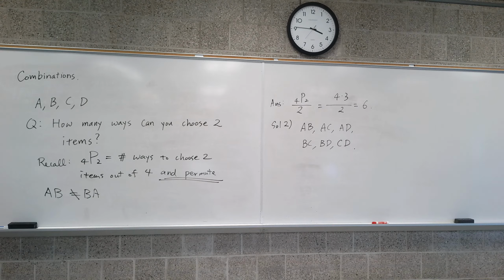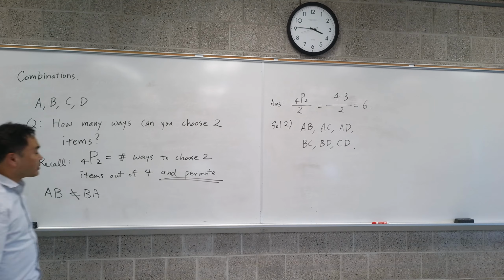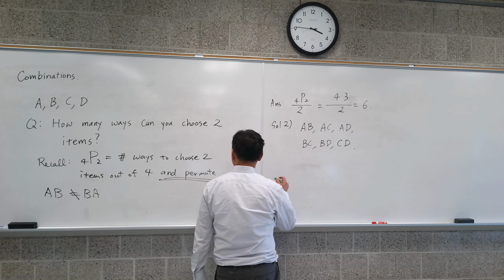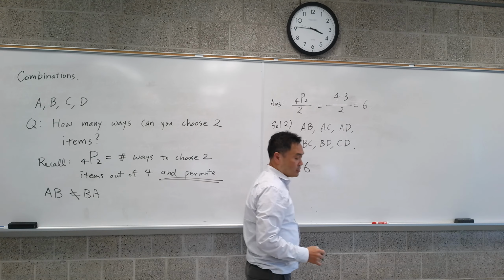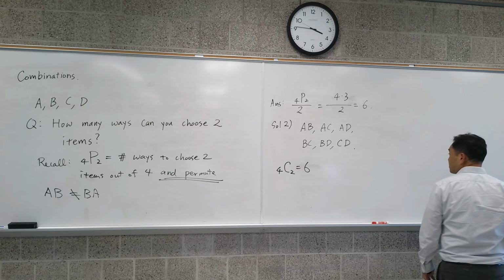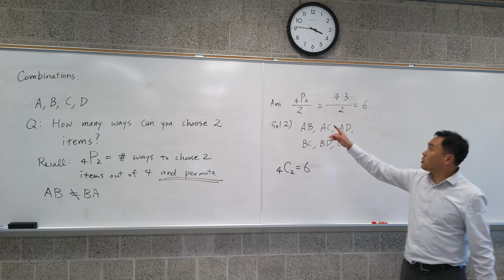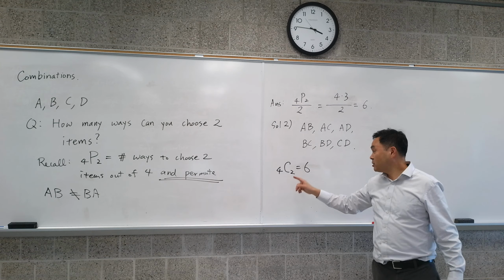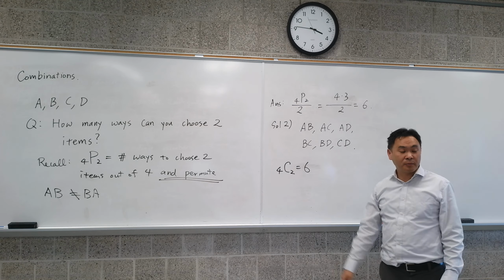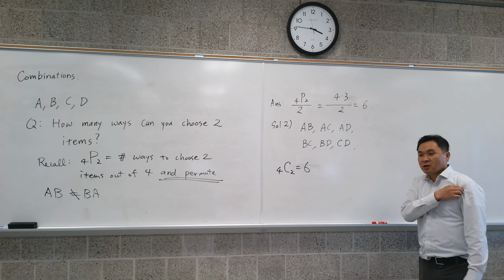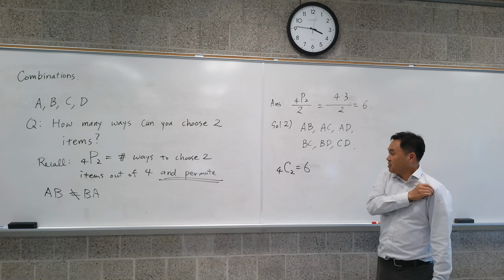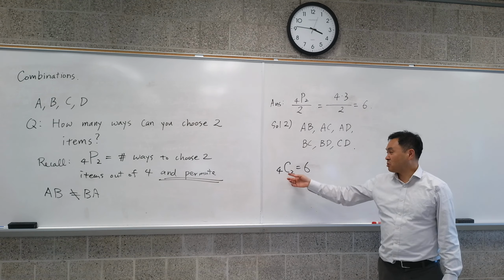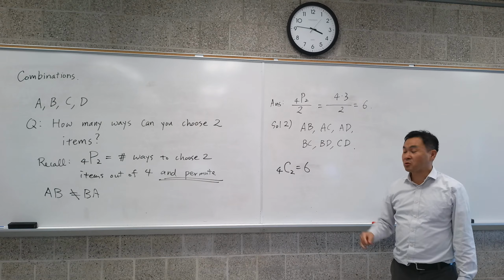All right. So in either case, what we just observed is the following: that 4 choose 2 is equal to 6. Okay. So we were learning this new symbol. Before it was 4 permute 2. Now it's 4 choose 2. Because this is called combinations, and I usually just think of C as choose, 4 choose 2.